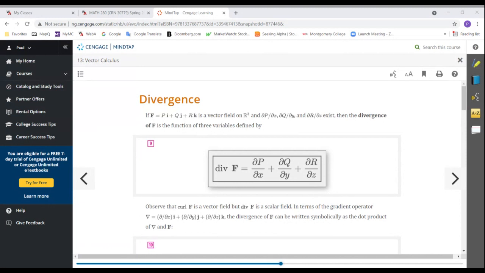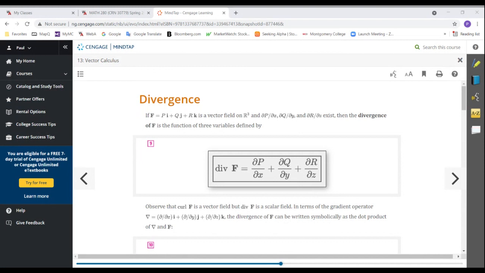How does the Q component vary in the y direction? And at what rate is the R component varying in the z direction? The sum of these rates is equal to the divergence of the vector field. Observe that the curl of the vector field F is a vector field, but the divergence of F is a scalar field.